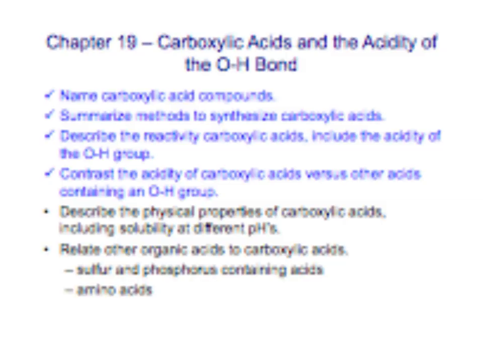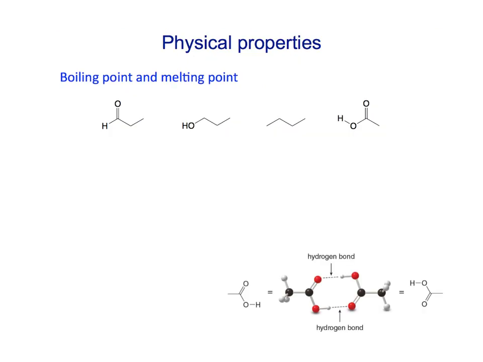All right, so let's look at some physical properties of carboxylic acids. All right, so let's think just a little bit about, we're not going to do this too much, but about boiling point. Let's see if we can rank these.